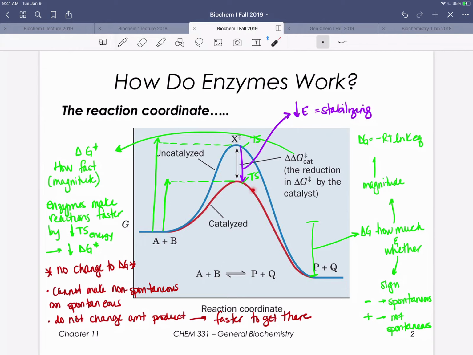How this happens is enzymes often work by finding some way to stabilize the transition state. We talked about this in class. One of your homework problems actually has you write 3 times the fact that when you make intermolecular forces or bonds, we release energy, but when you break intermolecular bonds, that's when we take energy.